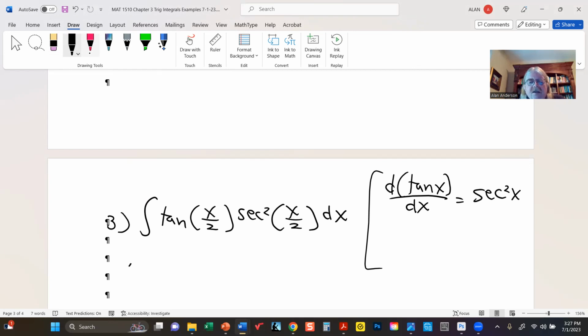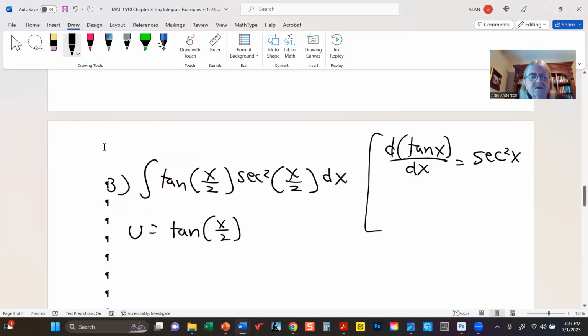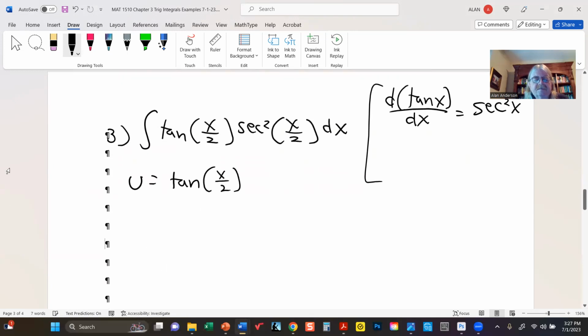So why don't we try u equals tangent x over 2. And then if that's the case, then du would be, okay, here's where we have to watch it. I just want to quickly take a little bit of a detour here.